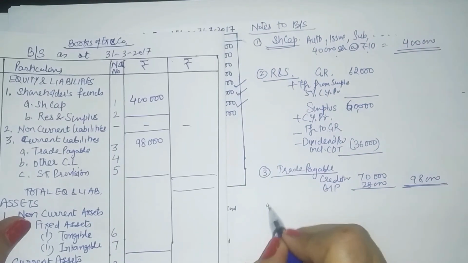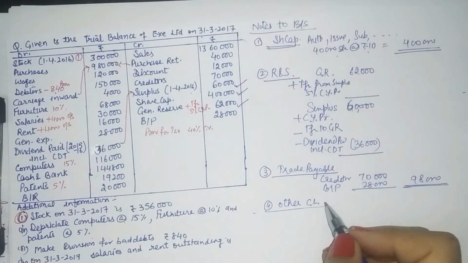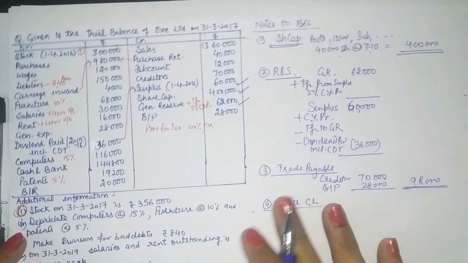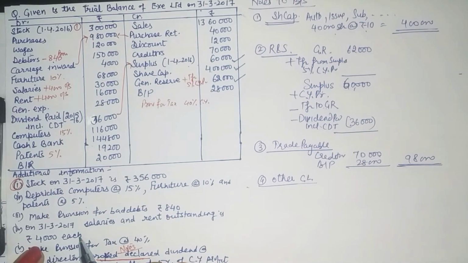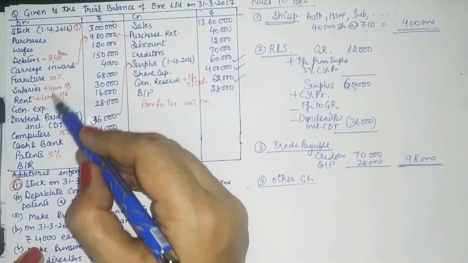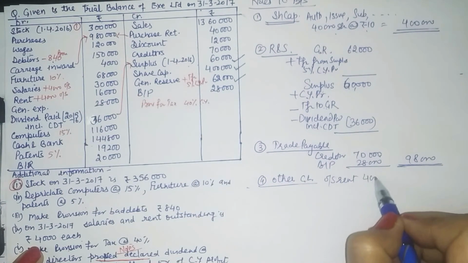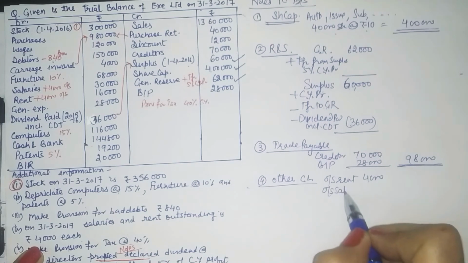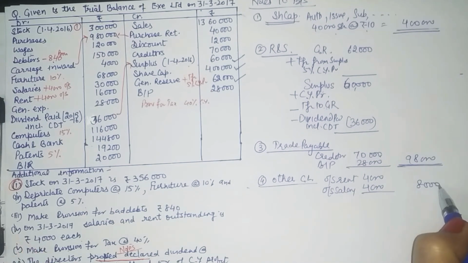Other current liabilities. So your outstanding expenses and all. So you have salaries and rent outstanding 4,000 each, or if we look here, we have 4,000 outstanding. So outstanding rent 4,000, outstanding salary 4,000, that makes a total of 8,000.